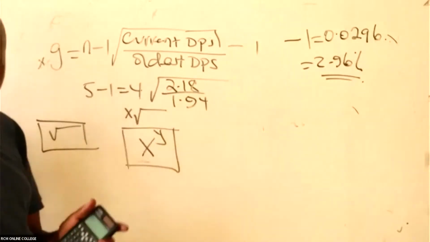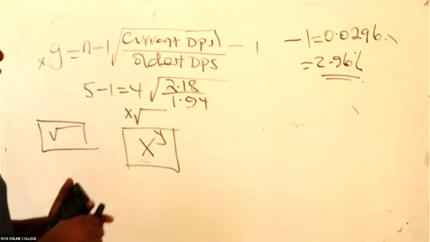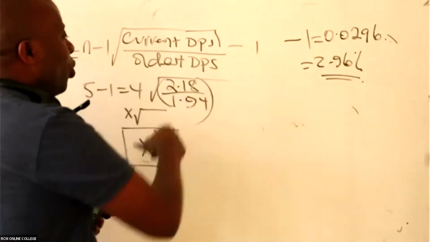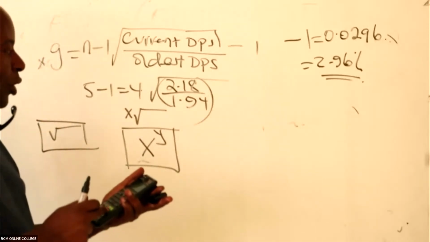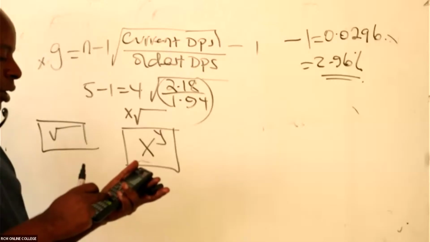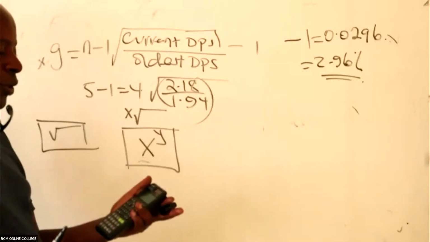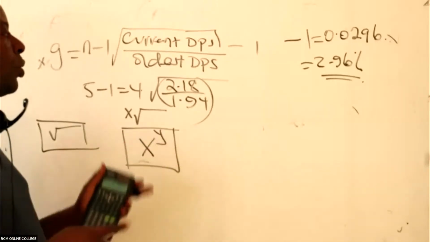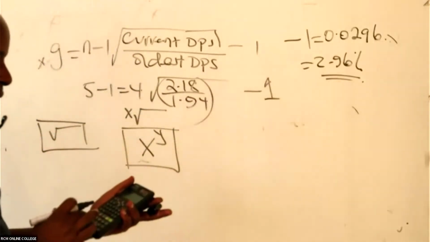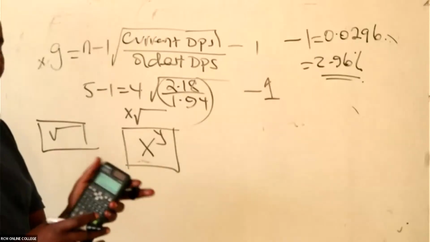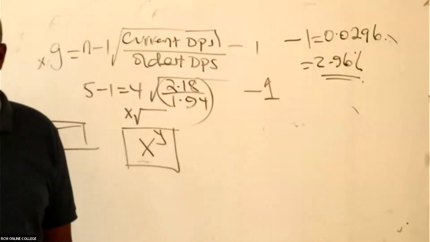We must always open brackets. So open brackets, 2.18 divided by 1.94, close brackets, and say equals. After you say equals, then you take away the 1. Then you'll be able to get that answer.